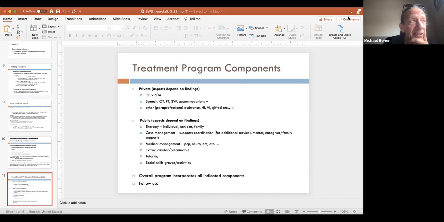And because of that, we want to promote as much healthy reorganization of function as we can. And one thing that we know is that providing intervention services helps with that process.